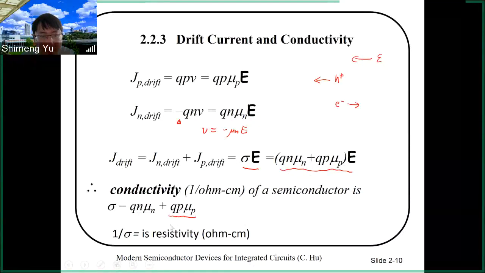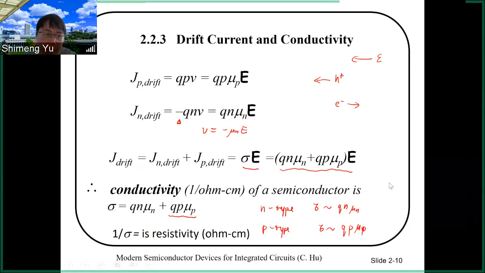But in practice we have the doping, right? So if we consider n-type semiconductor, actually you can ignore the hole in the n-type. So sigma is basically determined by the electron only. And in the p-type, then you can ignore the electron, so it's hole only.